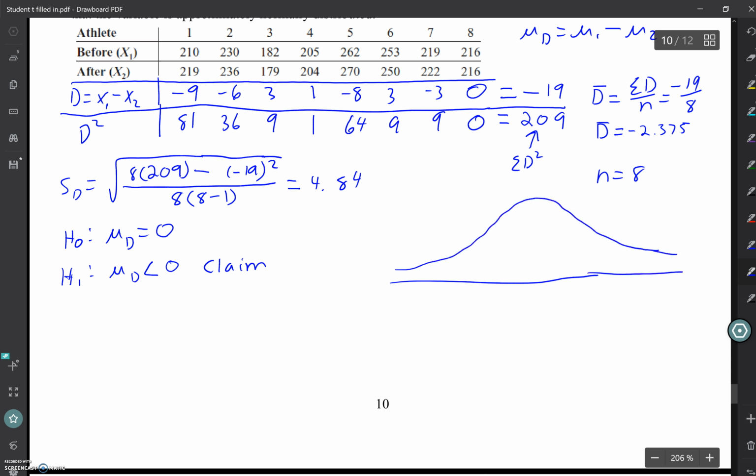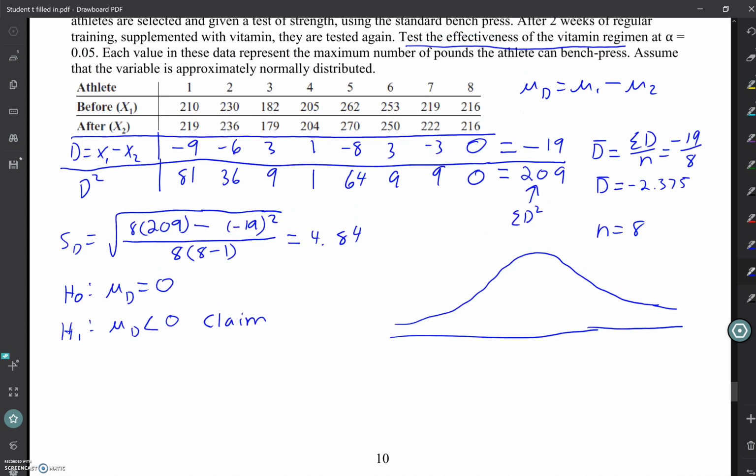So let's find, it's a one-tailed test, so that means that alpha, which is 0.05, is all in one tail. So we're going to find a t of alpha, and we're going to use the amount of matched pairs we have for our degrees of freedom.